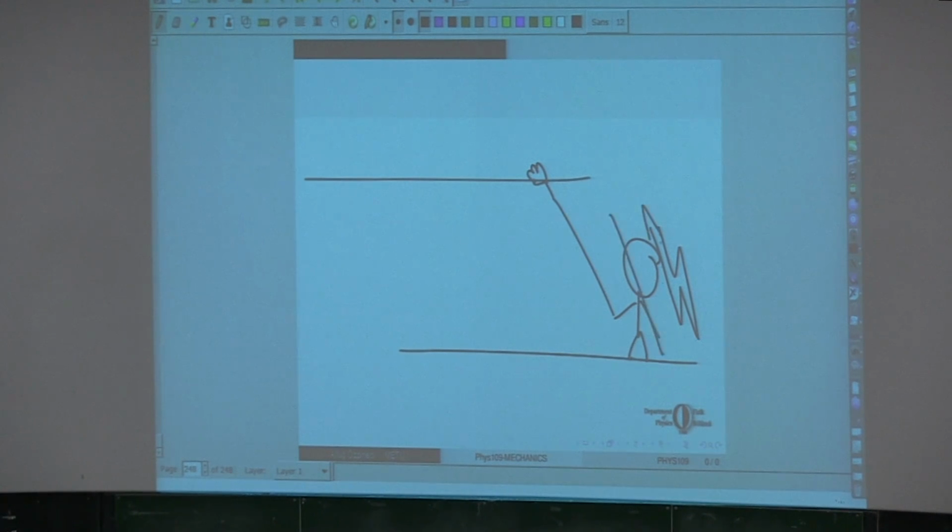So this is something you shouldn't do. But then you see all these birds, some kind of a bird standing over there. They are not electrocuted. How come?